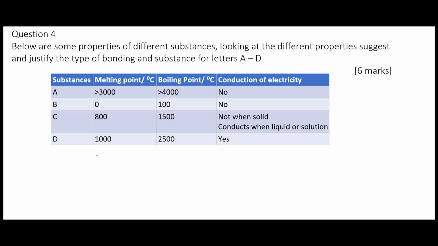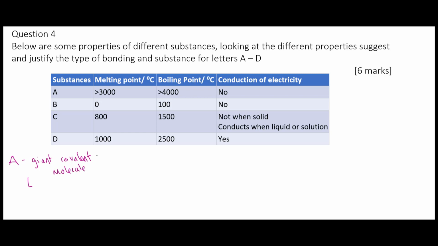So I'm going to start under the table and we'll start with substance A. Now, if you look at substance A, you can see that it has this massive melting and boiling point, really, really high. This tells us that it must be a giant covalent molecule.